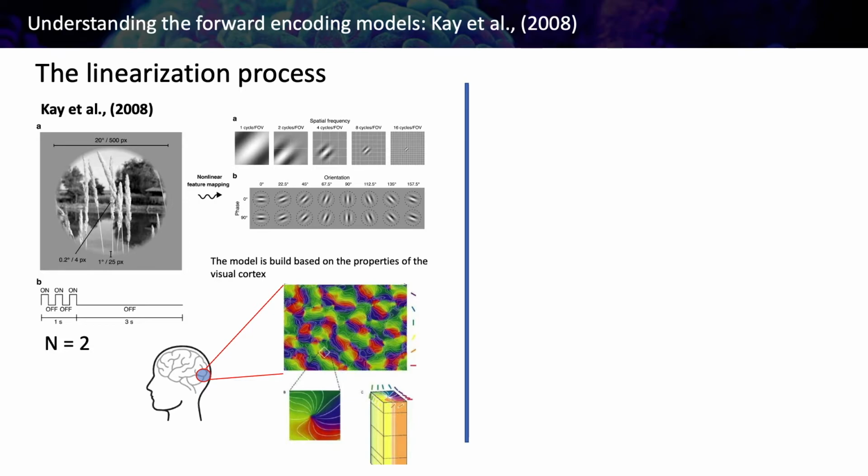They calculate the combination and the weight of each one of these components that best represents the image. They do this for all the images that they have, and this way they can linearize the space. So it's represented in visual receptive field maps.